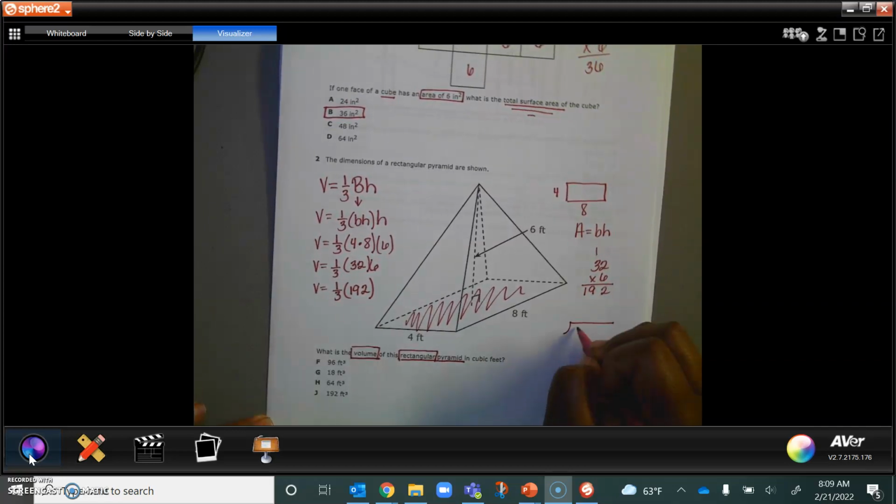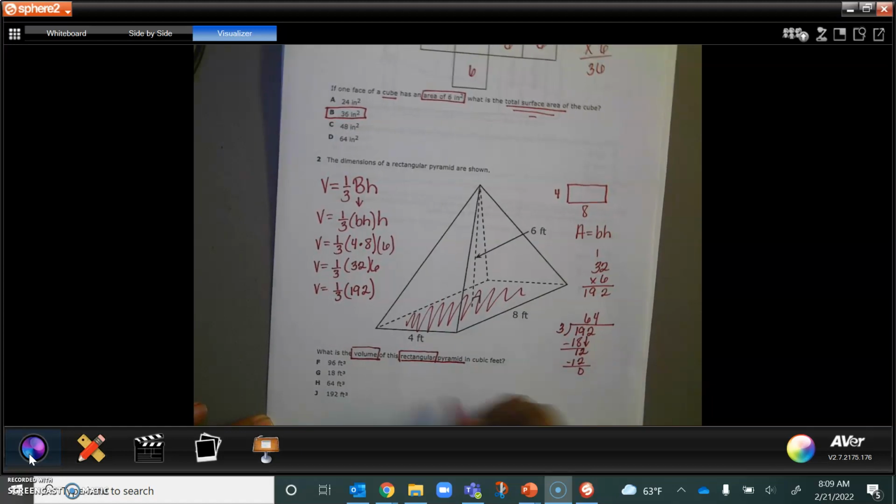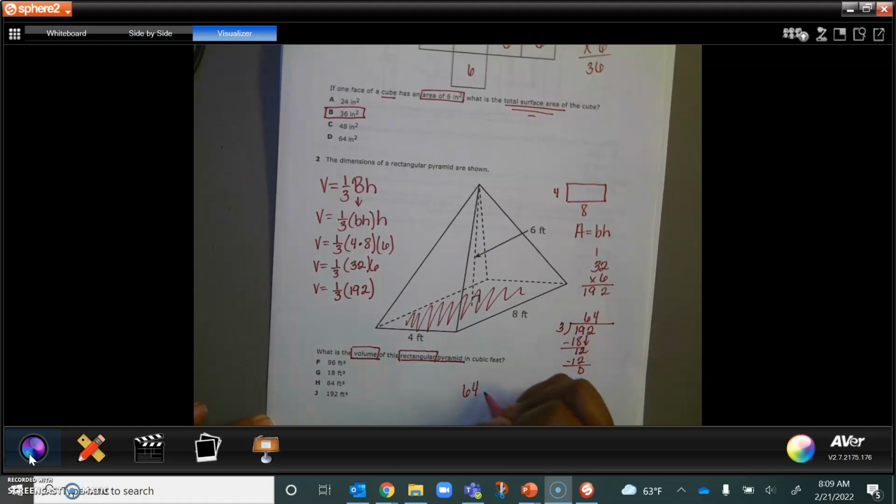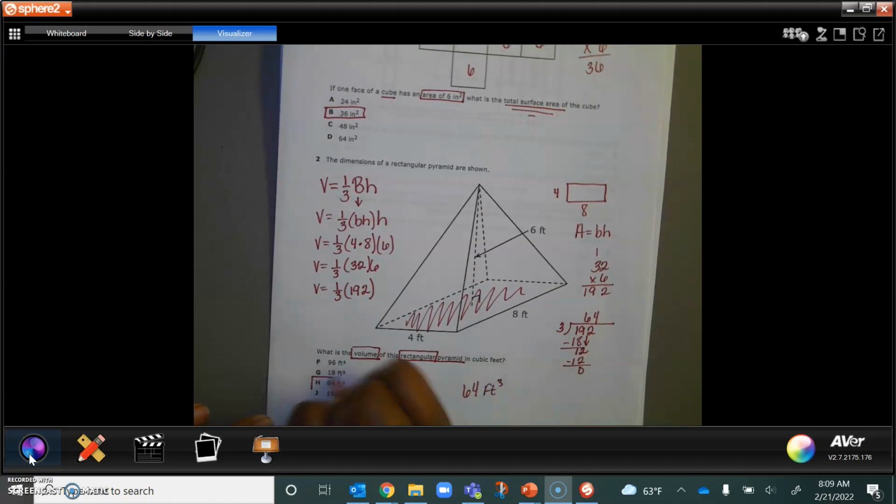So I'm going to divide 192 by 3. 3 goes into 19 6 times. That's 18. Subtract, get 12. 3 goes into 12 4 times. So my answer is 64 cubic feet. So H should have been your answer choice.